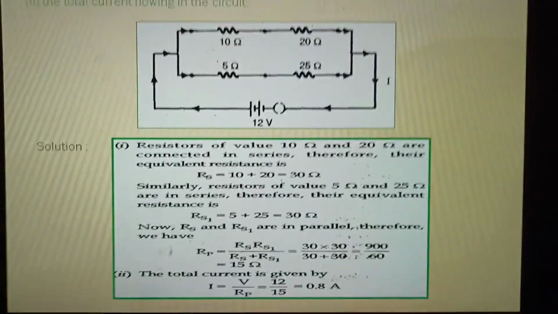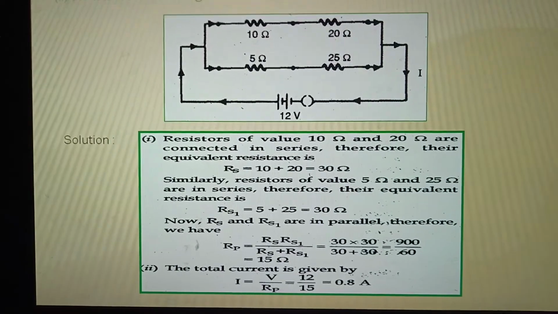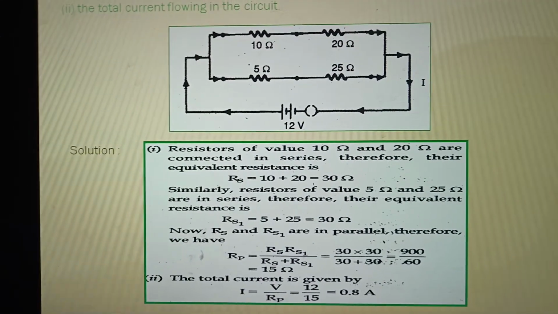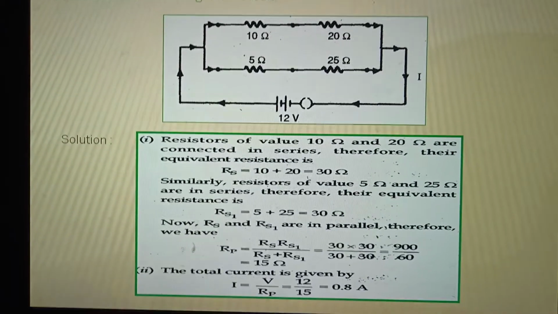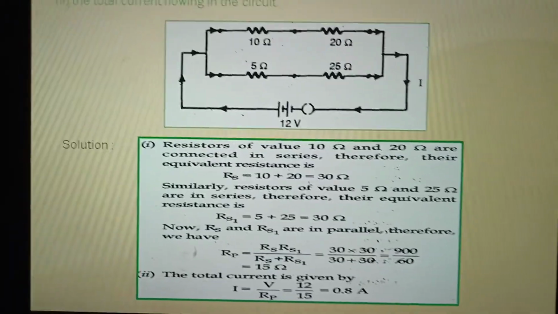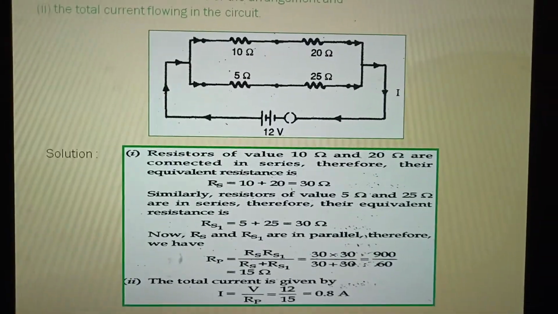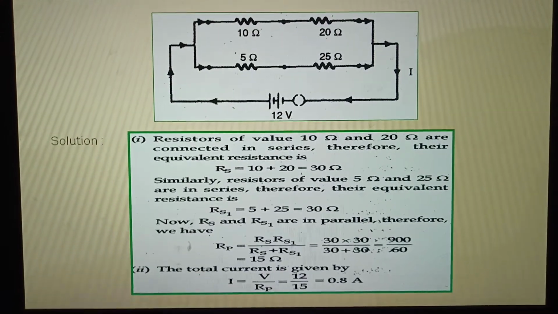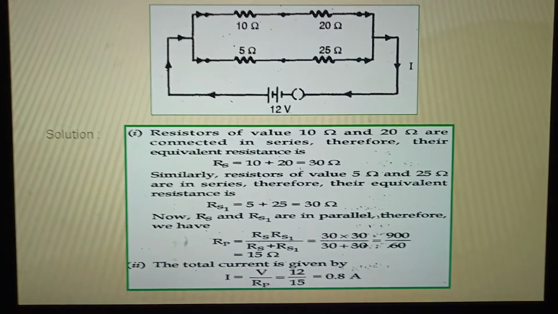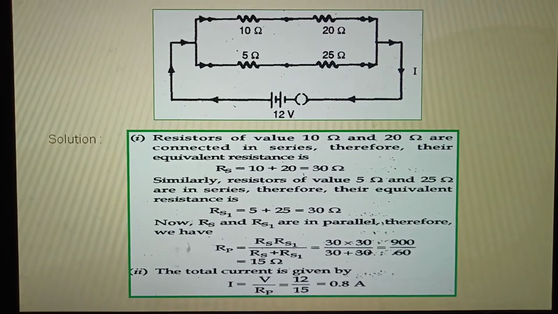Here is the solution. The resistors of the value 10 ohm and 20 ohm are connected in series, so the resistance in series is 10 plus 20 equal to 30 ohm. Similarly, the resistors of the value 5 and 25 are in series combination, so the equivalent resistance Rs1 is 5 plus 25 equal to 30.